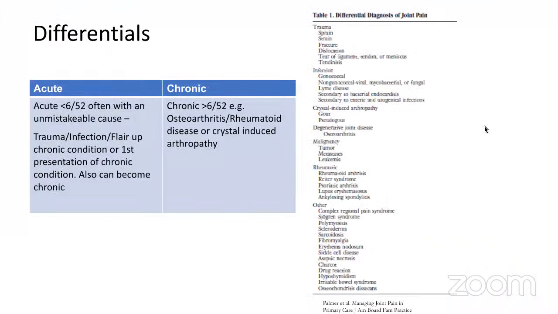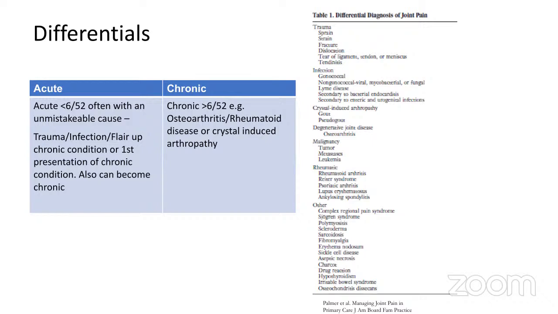Okay, so to touch briefly on the differentials of joint pain, which are quite vast, as I mentioned earlier. The first point of call we thought would be a nice way to approach this is to determine whether it's acute or chronic. Acute arthralgia is defined as being 6 weeks or less, whereas chronic is obviously more than that. So we provided a list there that would show you the differentials that you can consider.